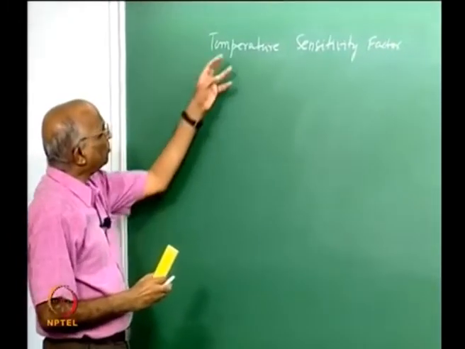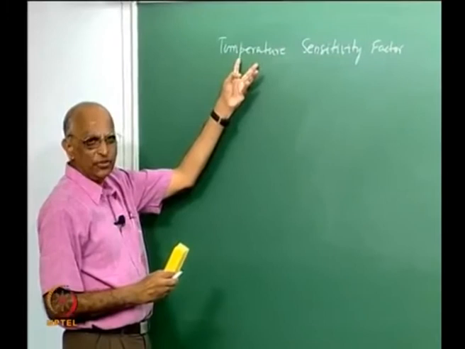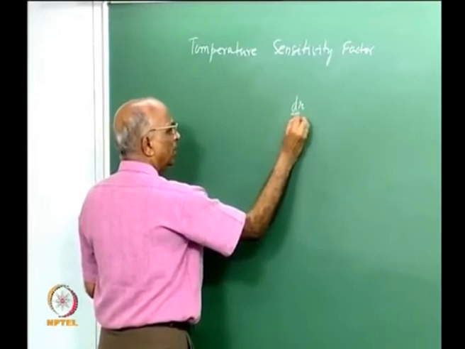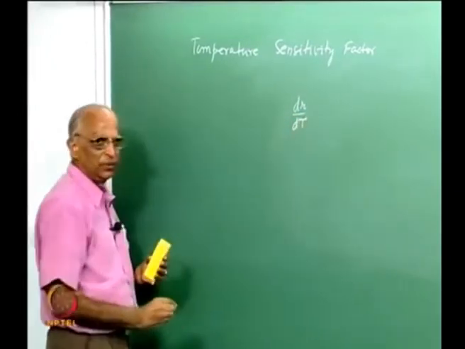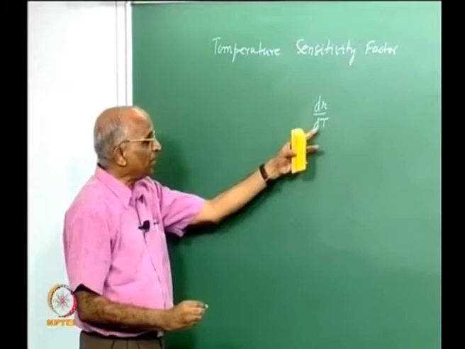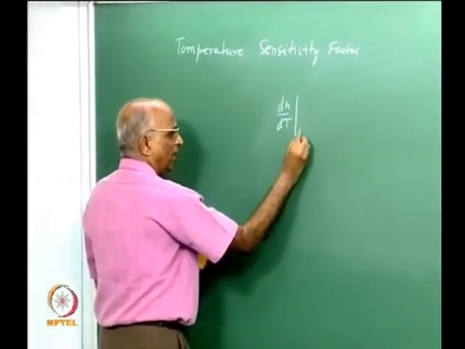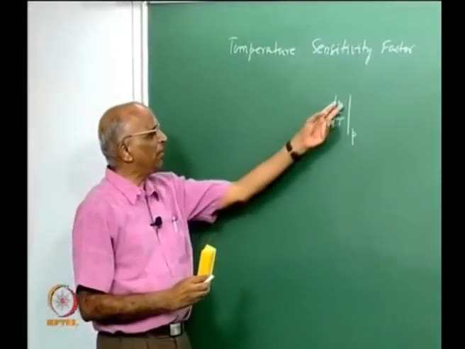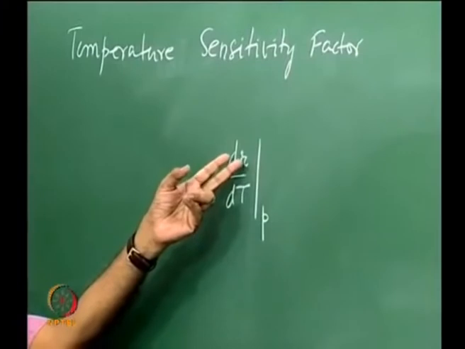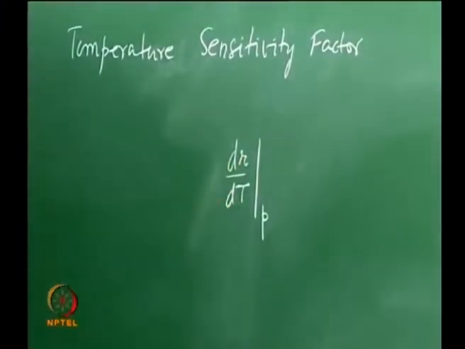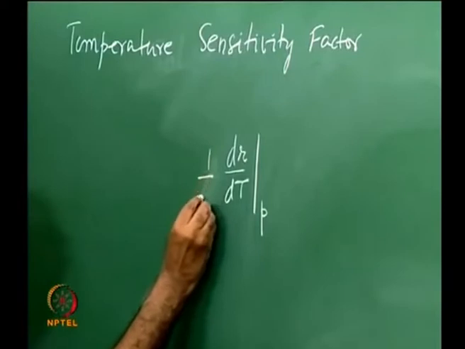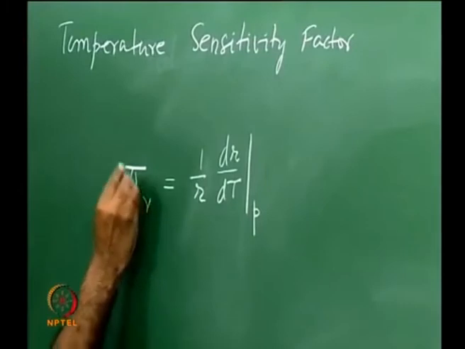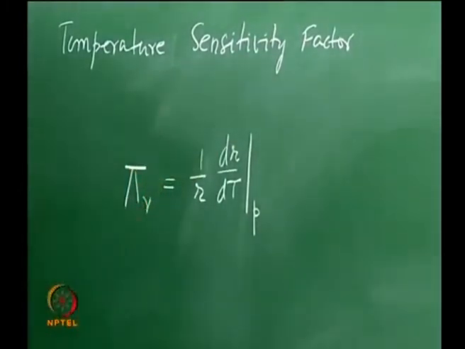We would like to know how sensitive the burn rate is to temperature changes. Therefore, we are interested in finding out how the burn rate, dr, changes with temperature, dT. And since I am considering the effect of temperature alone, I am considering it at constant ambient pressure. But then instead of just saying burn rate variation with temperature, or the variation in burn rate due to unit temperature, I now say fractional variation in burn rate, and this is known as pi_r or temperature sensitivity factor for burning rate.